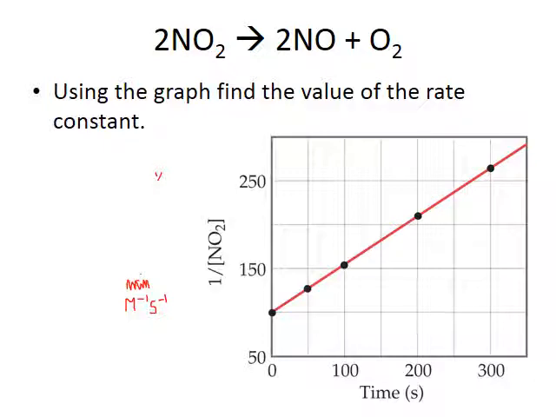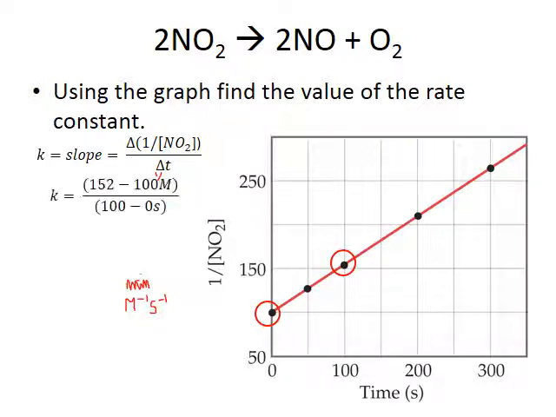So we can find the slope of any of these lines and find our rate constant for our reaction. We would take 2 points. I'm going to pick these two because I can. And you find the slope at those points. So it's the change in concentration, or change in y values, over a change in time, or x values.